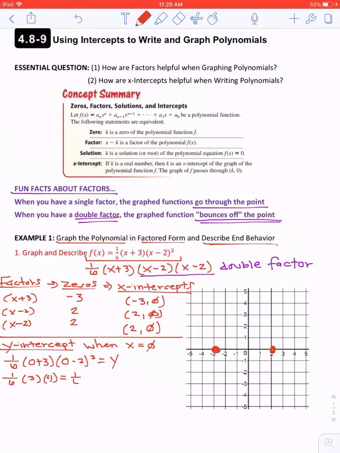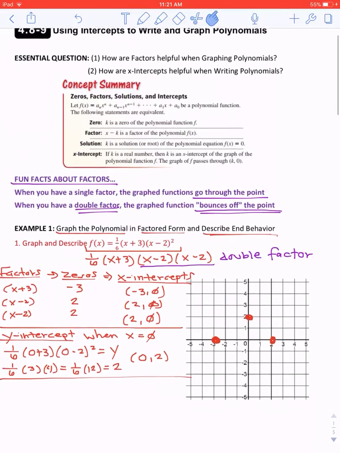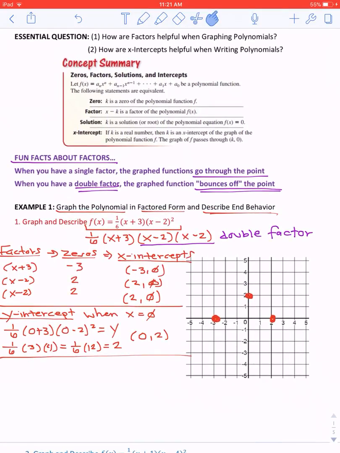So I have 1/6 of 12, which is 2. So I have a point at 0, 2. Okay, so that's my y-intercept. But again, how do I connect those? All right, this is cubic, so it's going to be a little bit wiggly. So I need to figure out how do the ends behave.